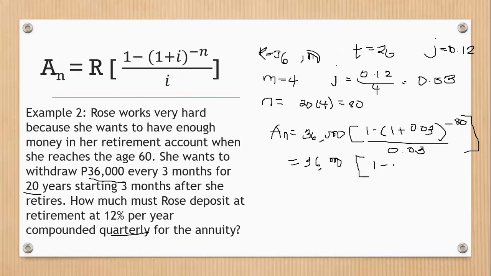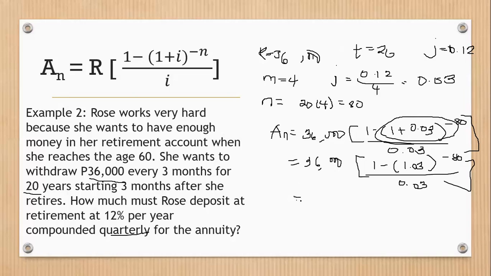So 1 plus 0.03, we can have 1.03 raised to negative 80, divided by 0.03. Next is 1.03 raised to negative 80.